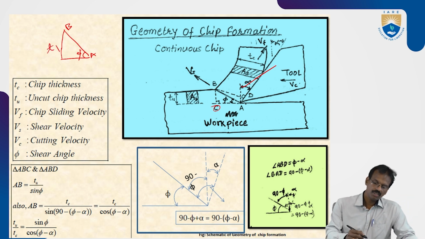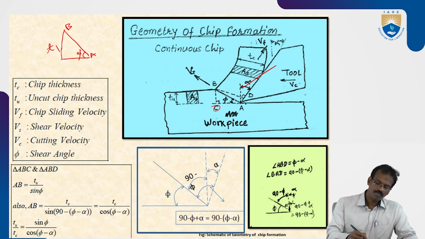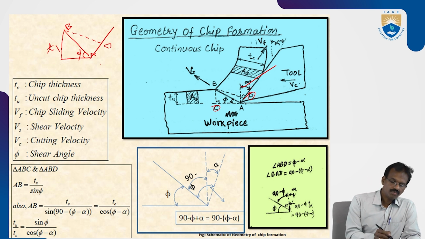Another triangle you can see. This is the rake face or the tool face. From point B, extend one line to the rake surface, and it meets at point D. So here one more triangle is there. You know this already.